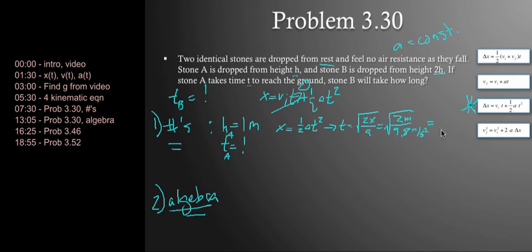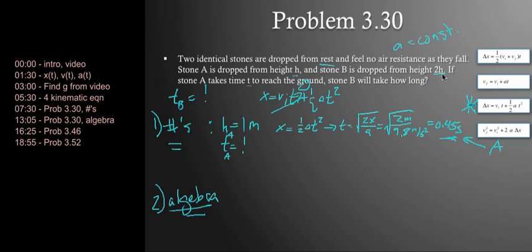And what we're going to end up with is 0.45 seconds. Try not to round too much in this case. So this is all for A. This is how long it took A to fall this 1 meter that we guessed for height h.